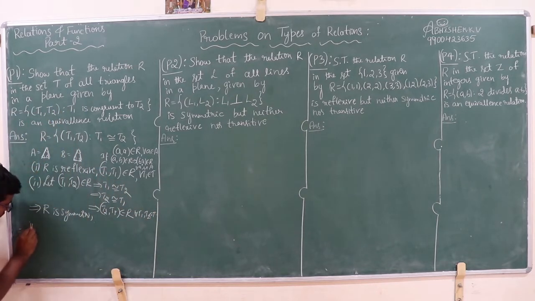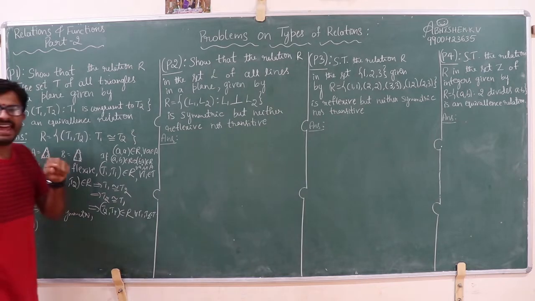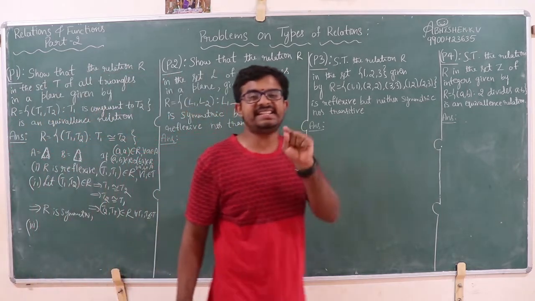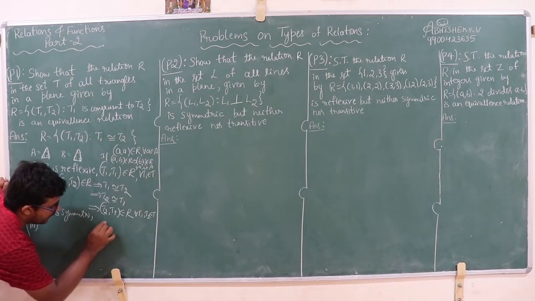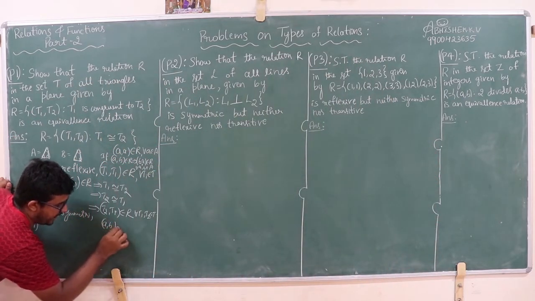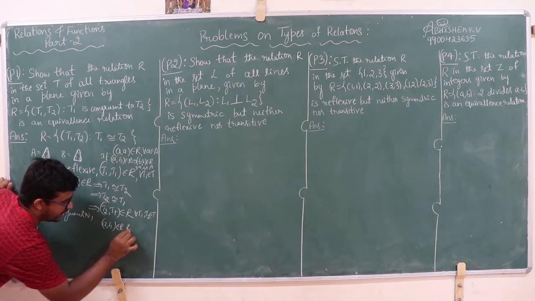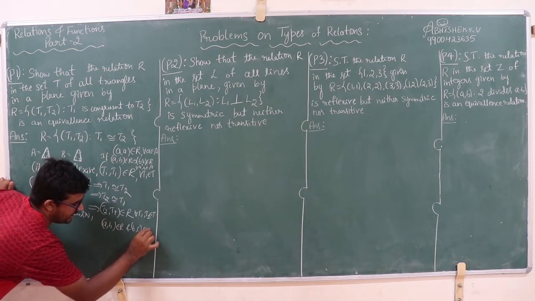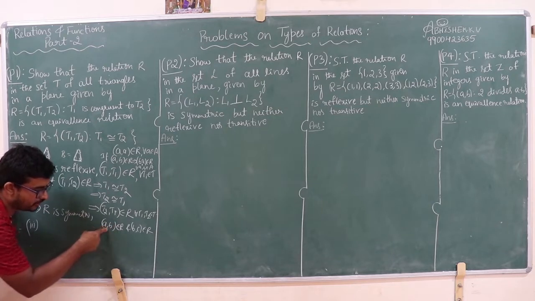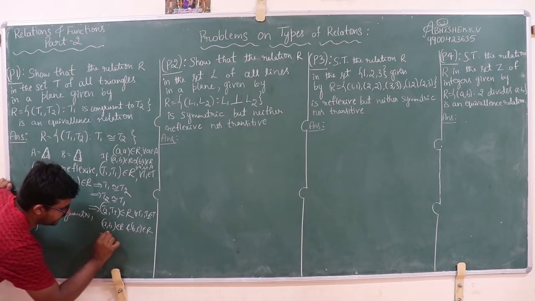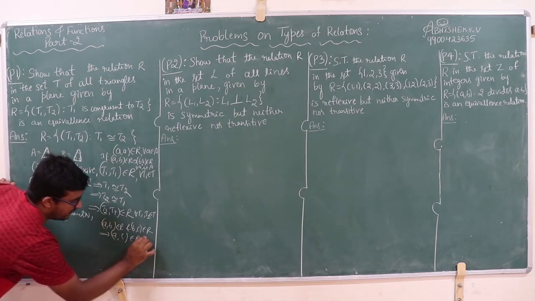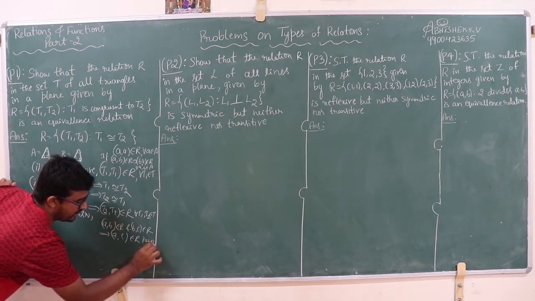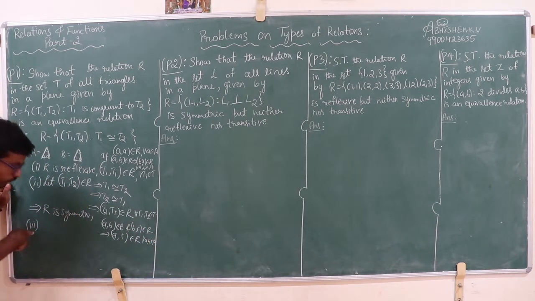Okay. Then for the transitive property, a relation R on a given set A is said to be transitive if the ordered pair A comma B belongs to the relation R and B comma C belongs to the relation R. If A is related to B, and B is related to C, that implies A should be related to C, for all A, B, C belonging to the given set A. So to prove transitivity, we need three triangles.